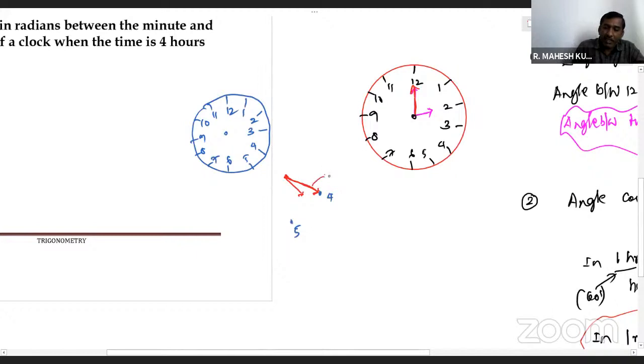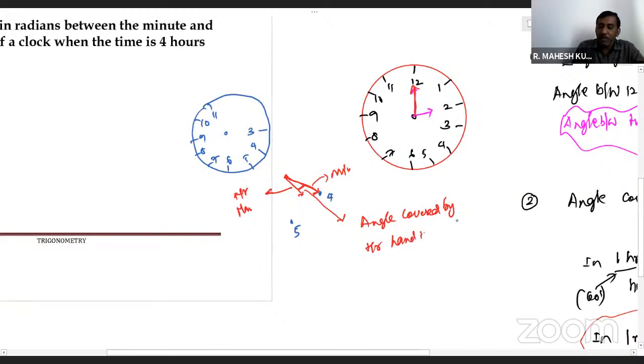This is the minute hand and this is the hour hand. You need to find this angle. This is the angle covered by the hour hand, in 20 minutes of time.